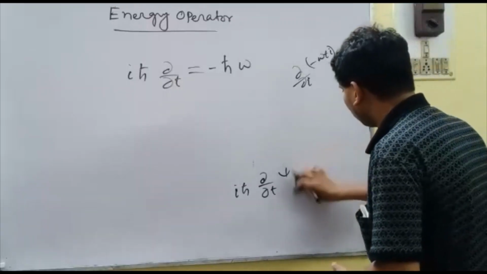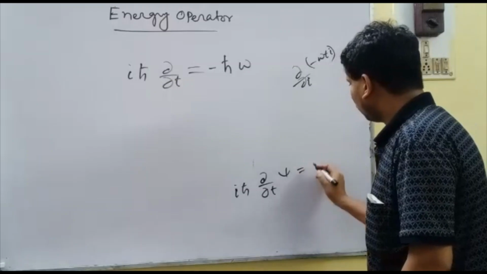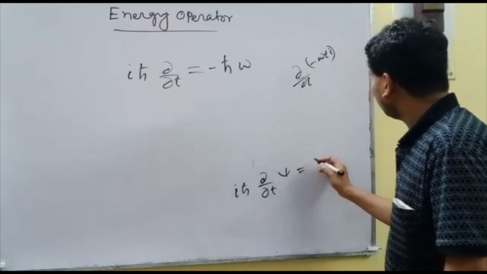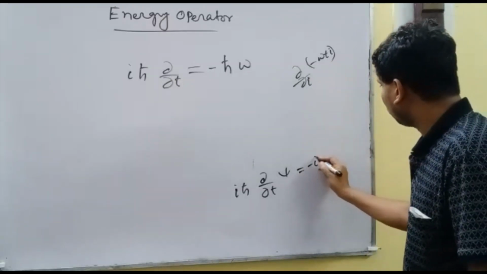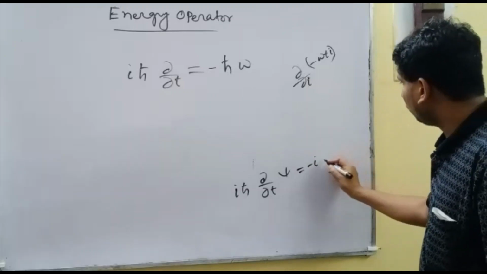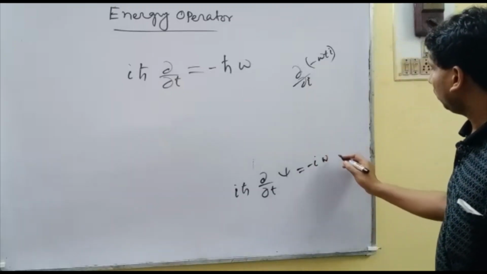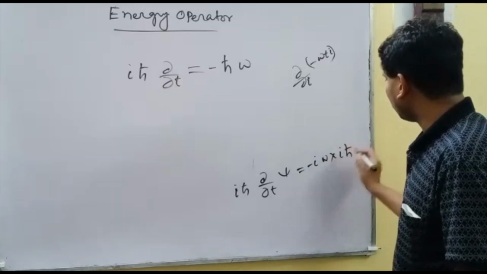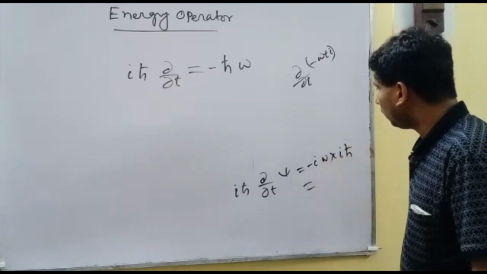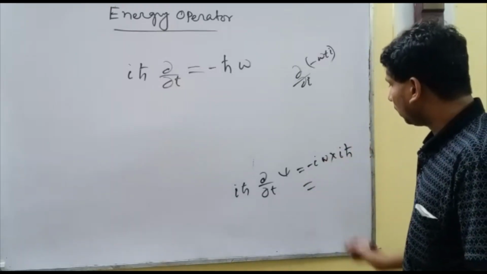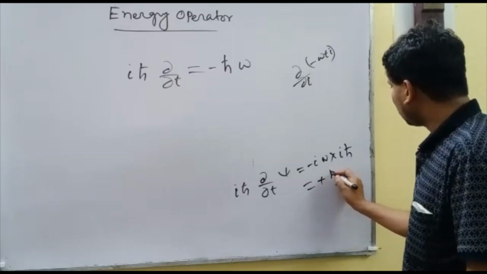So this is actually minus i into omega into i a squared, that is minus i squared, minus 1, that is plus a squared omega.